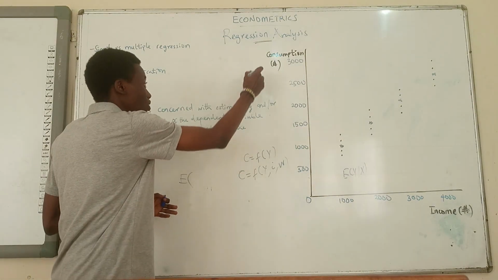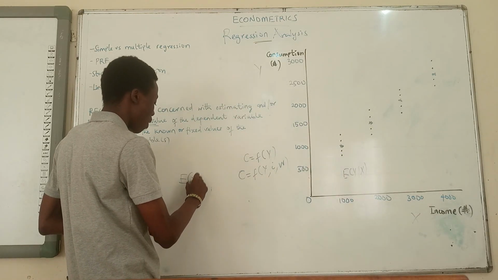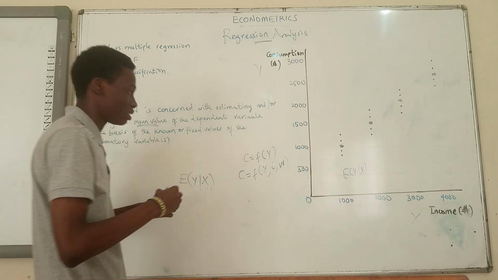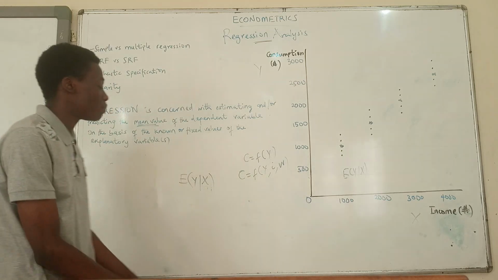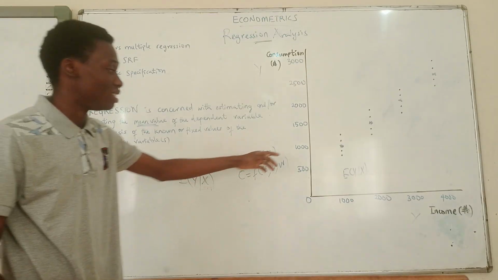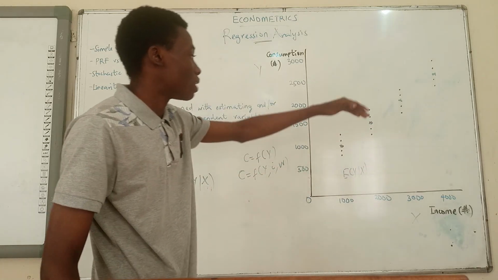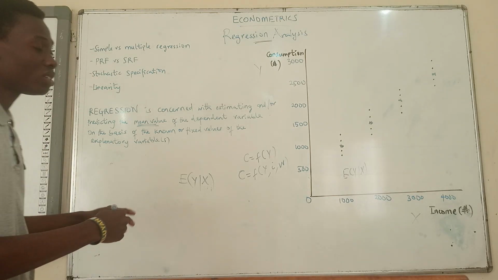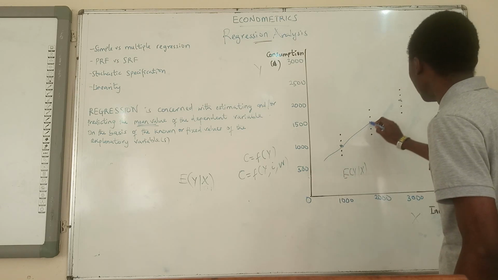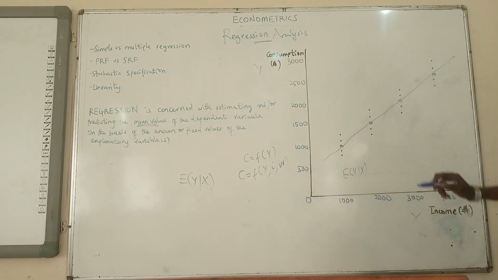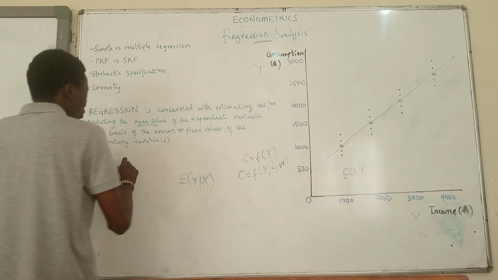Since consumption is the y variable and income is the x variable, it is the expected value of y given x. Where x is 1,000 naira, the expected value of y given x is 1,000. Where x is 2,000, the expected value is 1,500, and so on. If we join these expected values, drawing a line through them, what we have is what we call the population regression line.